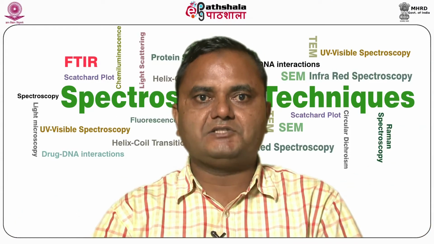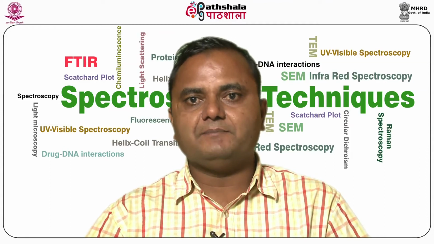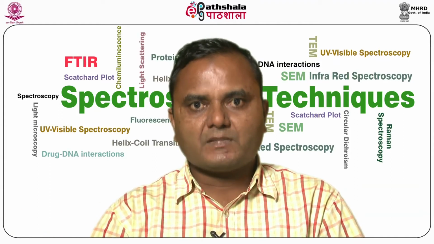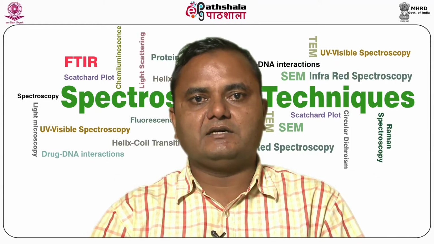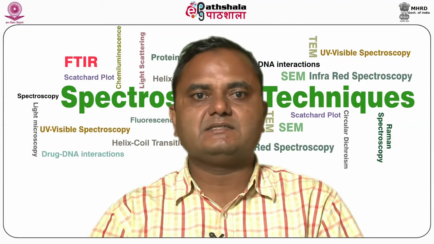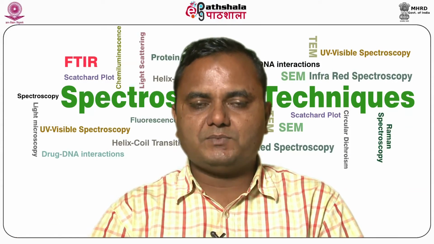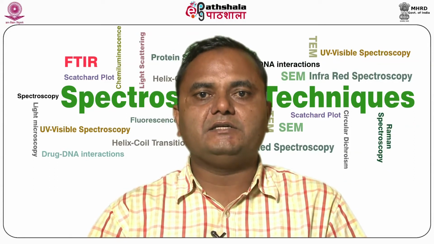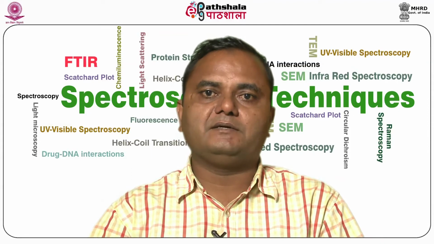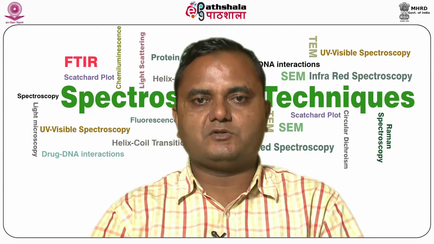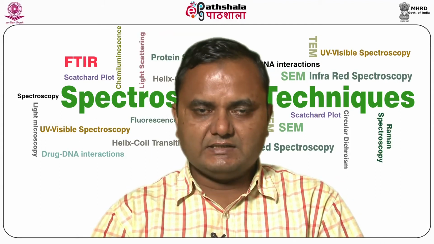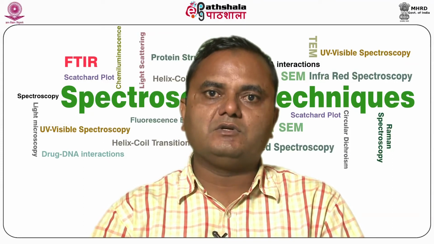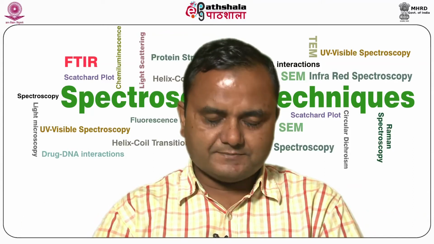This high energy radiation is provided by flame in flame atomic absorption spectroscopy, named FAA; an electrothermal furnace in flameless graphite furnace atomic absorption spectroscopy, named GFAA; plasma in inductively coupled plasma optical emission spectroscopy, known as ICP-OES; and the last one is X-ray in X-ray fluorescence spectroscopy.